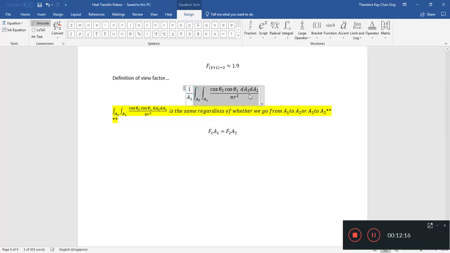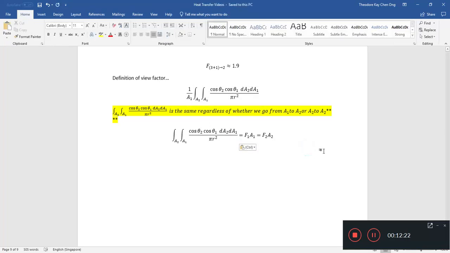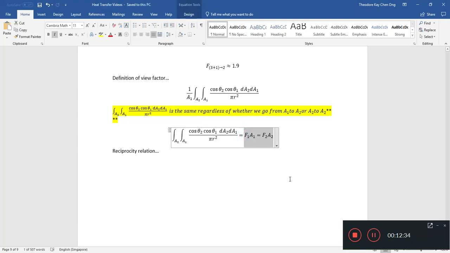Is this because this integral is a constant? So this is what we call the reciprocity relation. So the view factors are actually reciprocal of each other when you multiply with the area. That is one of the most important things we must know.